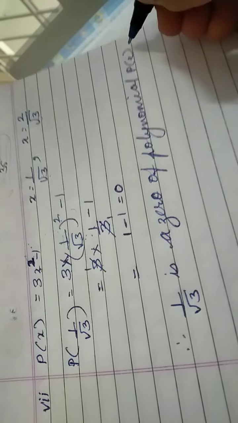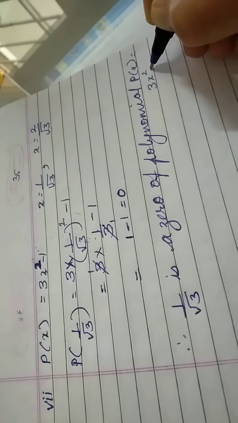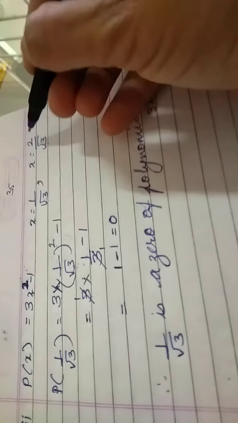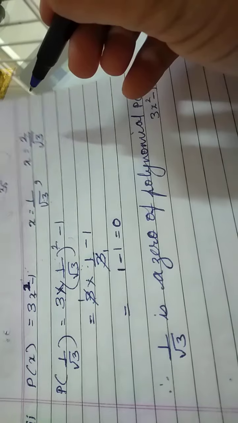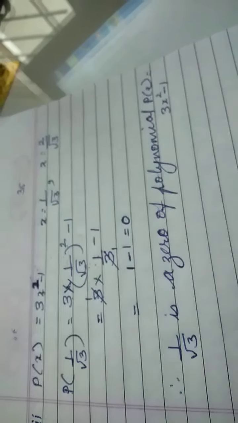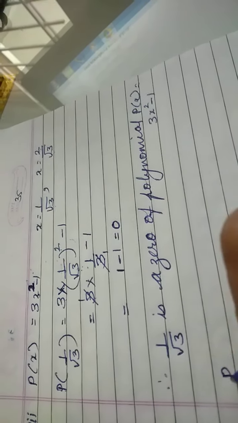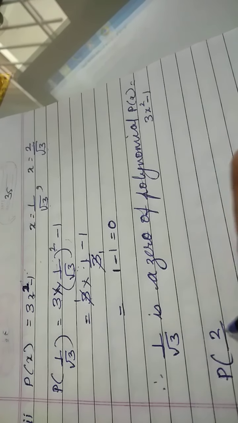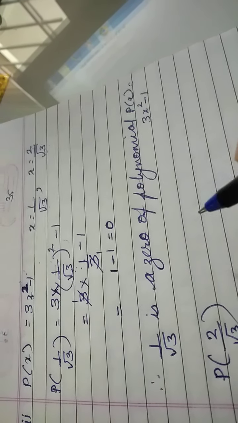Px is equal to 3x square minus 1. Now we have to find out whether 2 upon root 3 is a 0 or not. So what do we do? We take P of 2 upon root 3 is equal to 3x square minus 1.